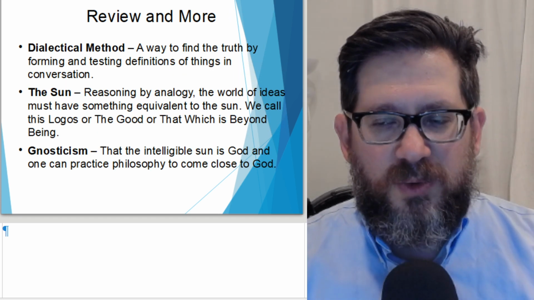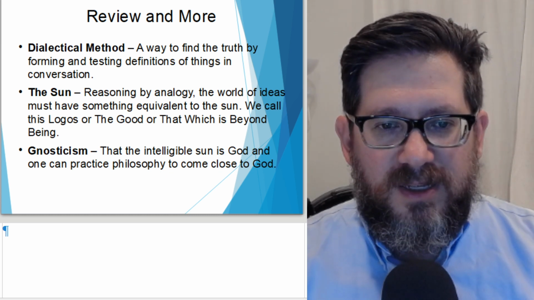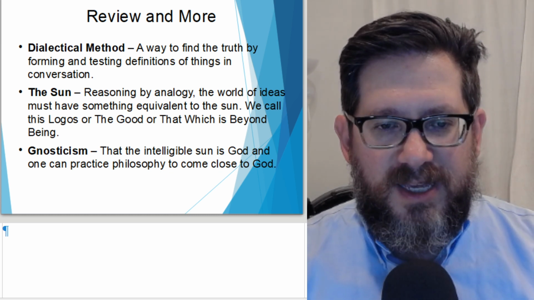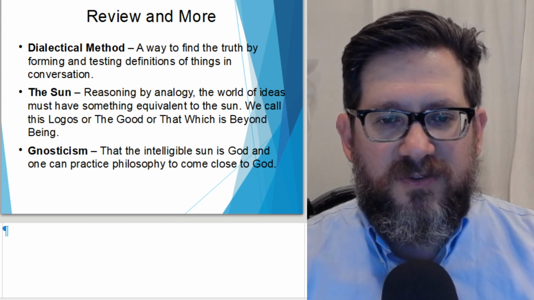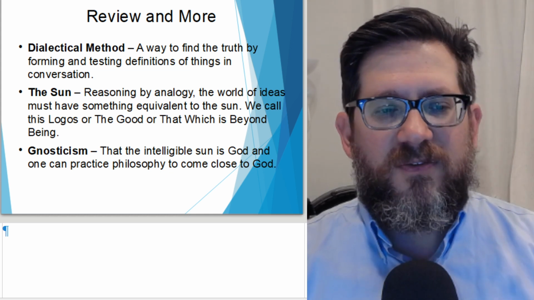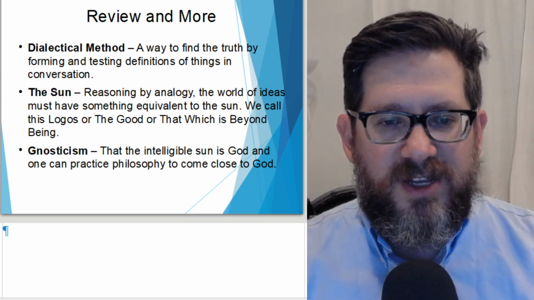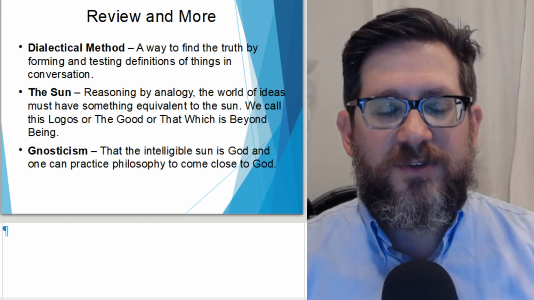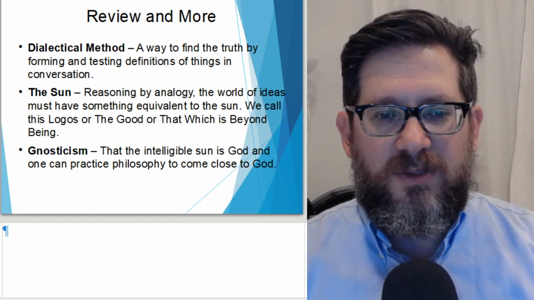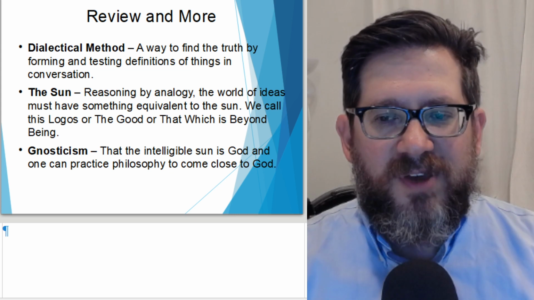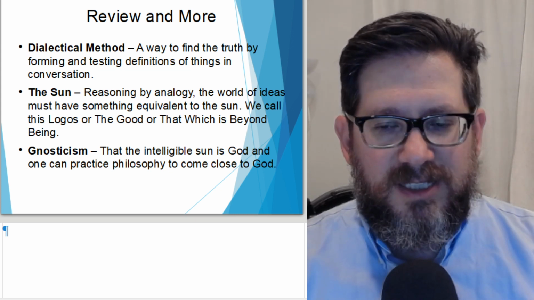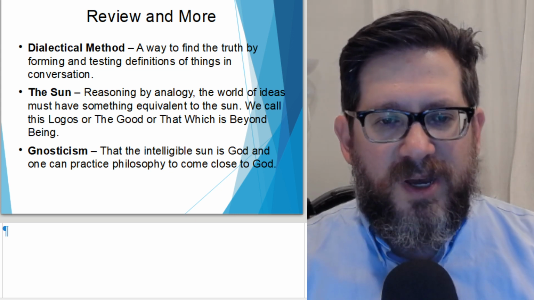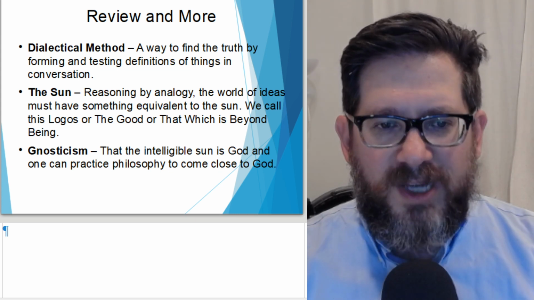Continue reviewing. So we talked about the dialectical method, and we're going to talk about that again soon, but remember that was a way to find the truth by forming and testing definitions of things in conversation, right? Throwing something out there and having another person there to help test it. Right? If you're all by yourself, things appear right to you. Right?